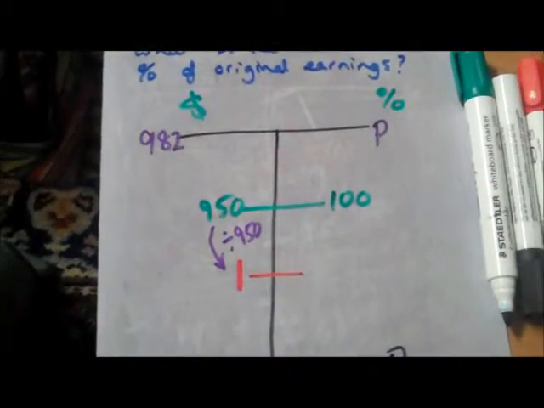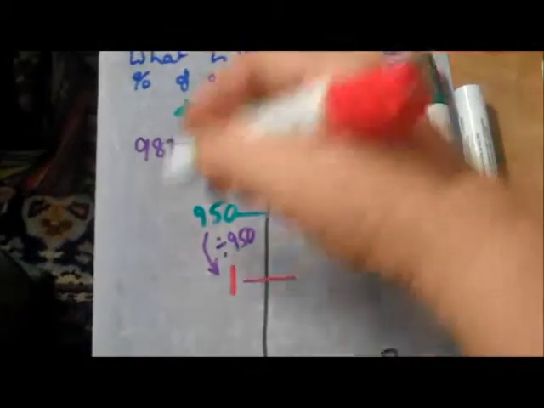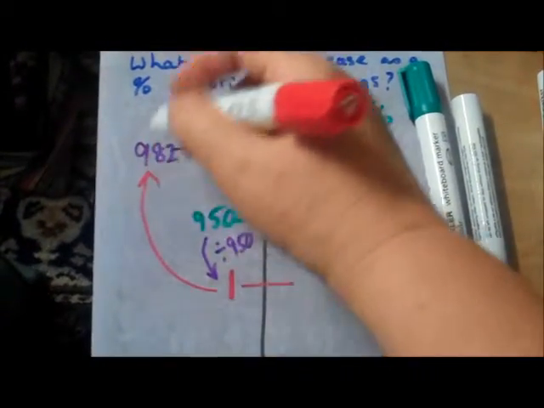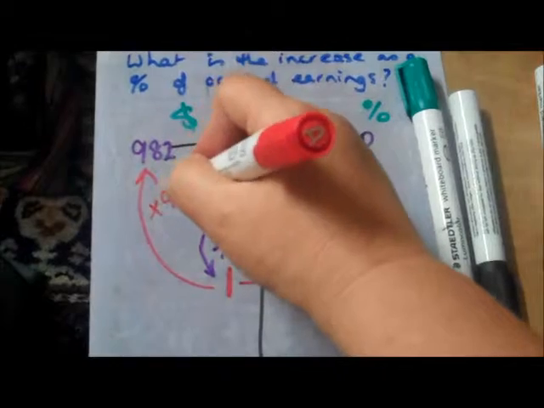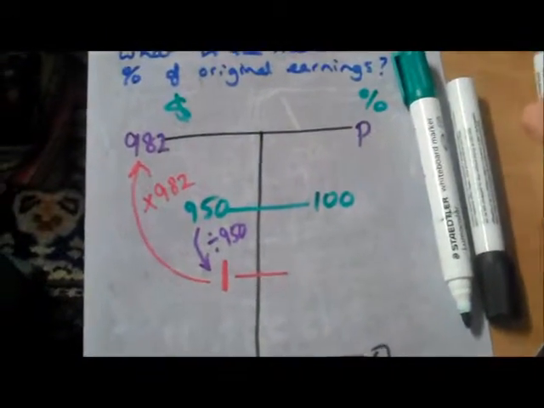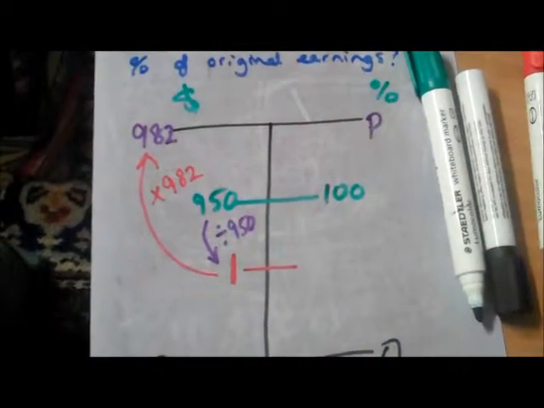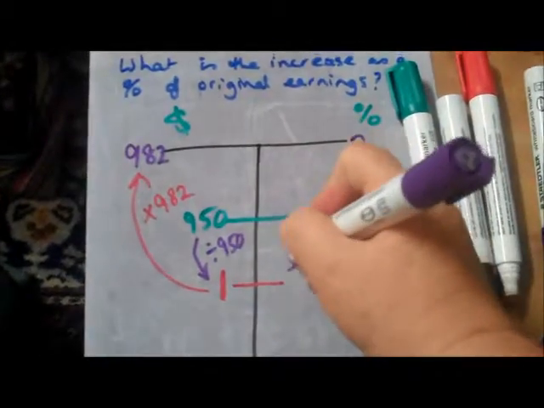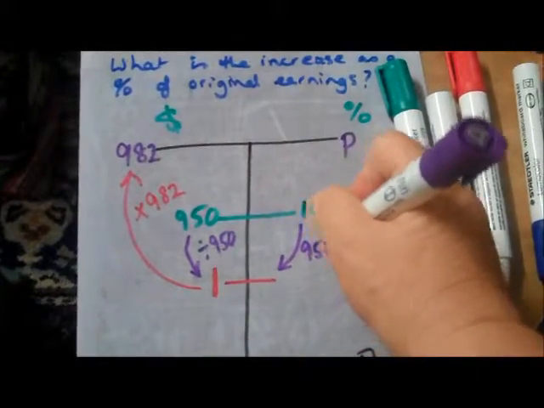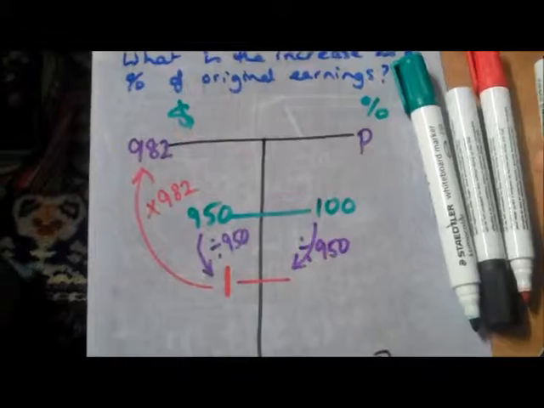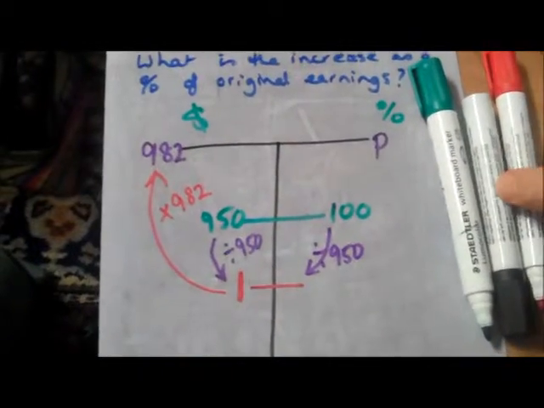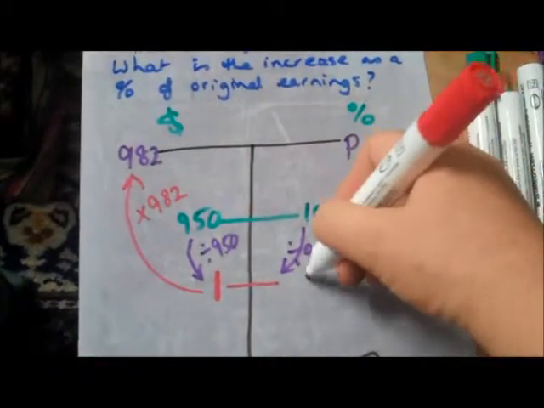And how do I go from $1 up to 982? Well, I've multiplied by 982. So I'm going to do exactly the same on the other side. I'm going to divide by 950 and multiply by 982.